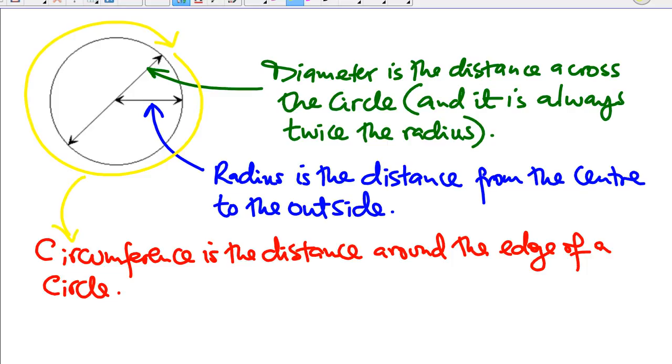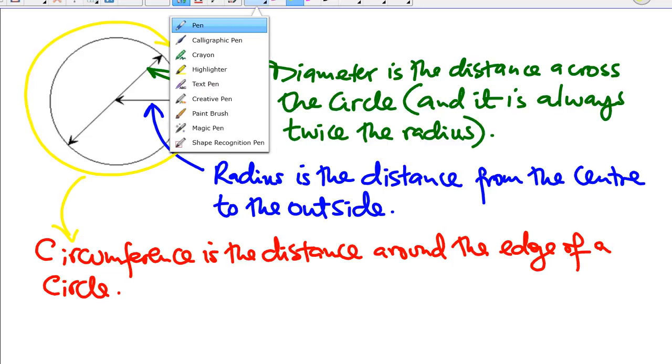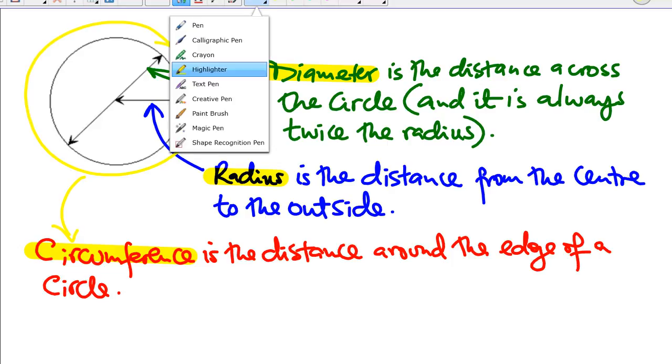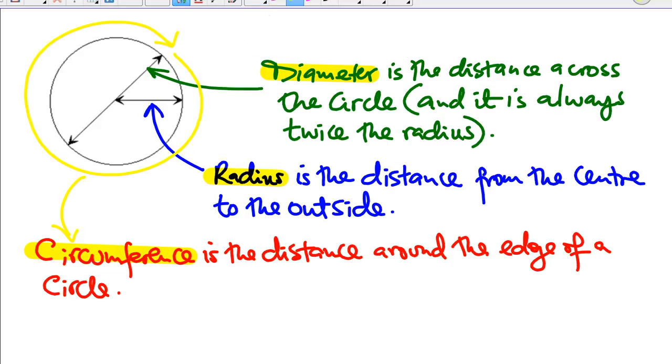Okay? So we have three important things. We have the diameter, we have the radius, and we have the circumference. So what is the relationship between these three variables?